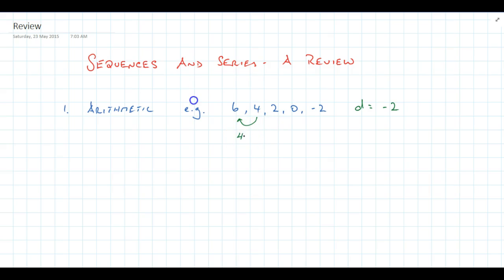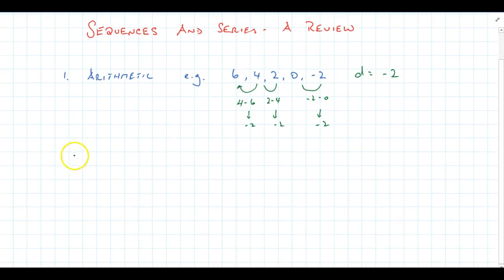So 4 minus 6, 2 minus 4, and if this is an arithmetic sequence, then each of these will result in the same number, and that number we are calling the common difference. Okay, so an arithmetic sequence is defined as having a common difference.